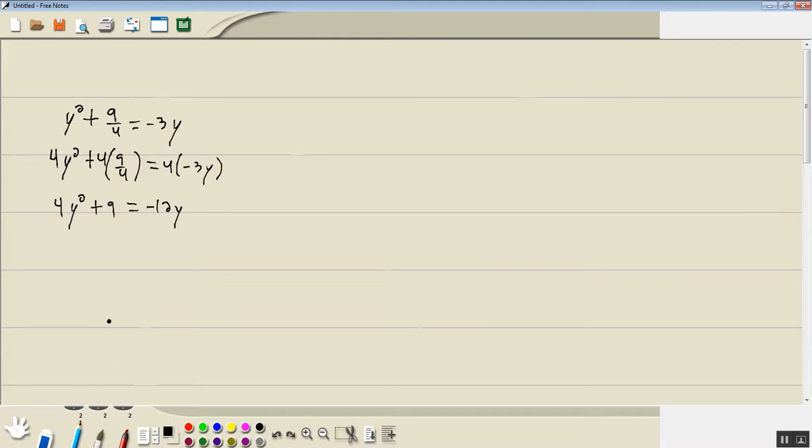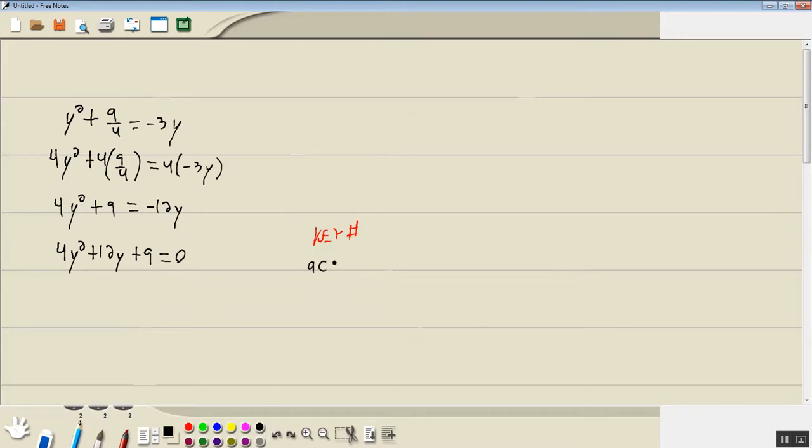Now to solve, you need 0 on one side. So I'm going to take the negative 12y over, becomes a positive 12y plus 9. Now we're going to factor this using the key number. You could also use the perfect square method. Key number because we've got a y squared, y, no y, and there's a number in front of our y squared.